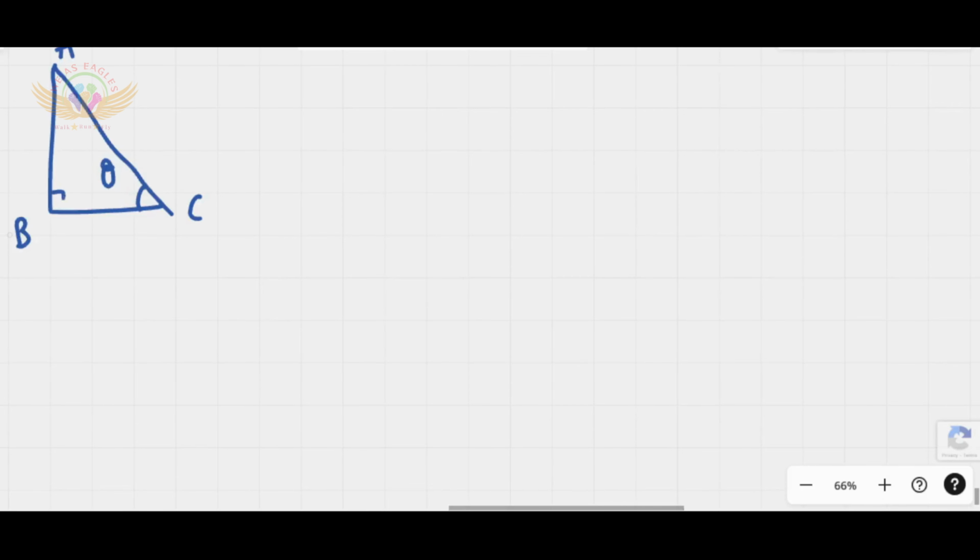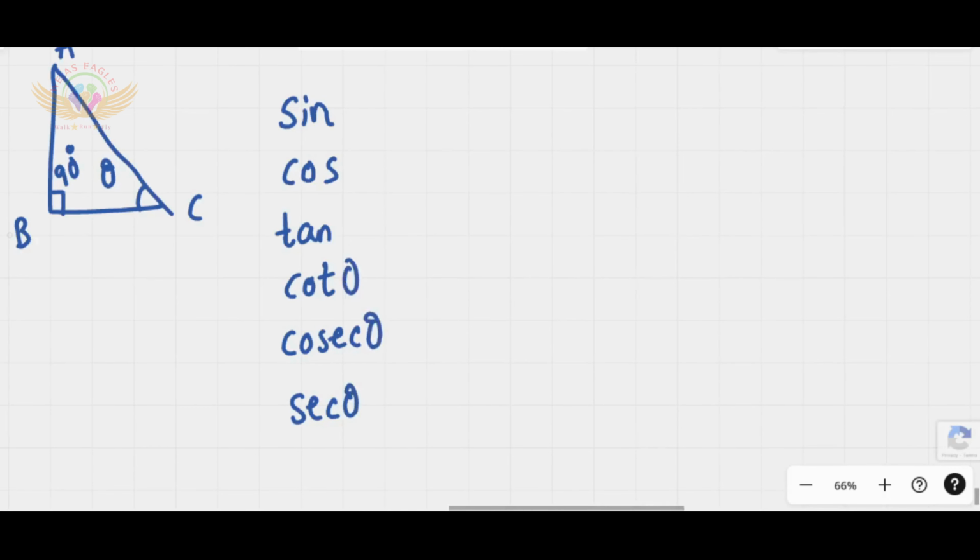So if this is 90, this theta must have a value. In terms of trigonometric terms, we have a tabular column, which is very important. I want to make it very easy. What terms do we have? Sine, cos, tan, cot, cosec and sec.